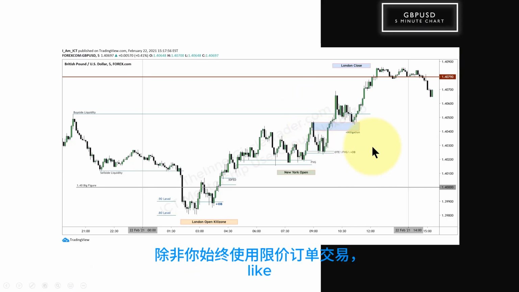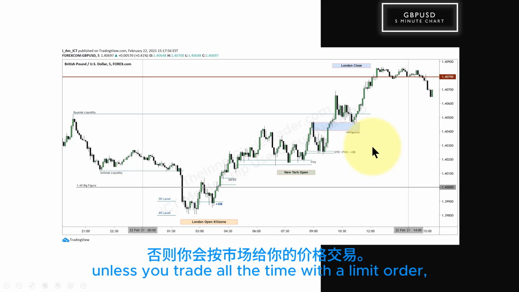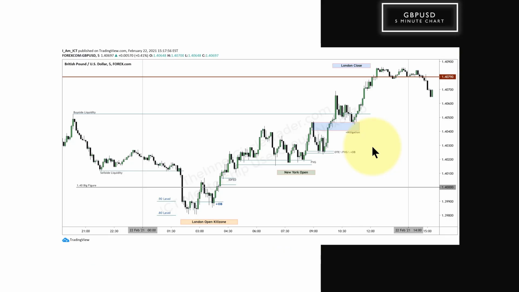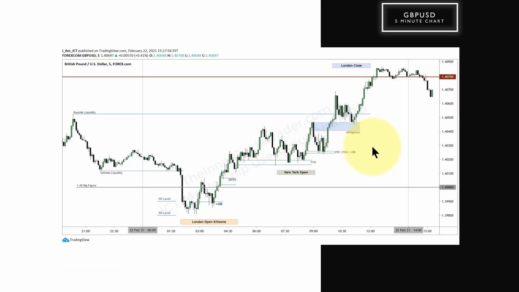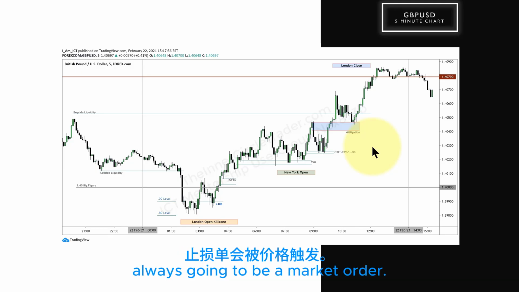And the trader, unless you trade all the time with a limit order, you're going to get whatever the price is given to you at the market. And guess what? If you do a limit order, it's still a market order within a price range. So it's still always going to be a market order.